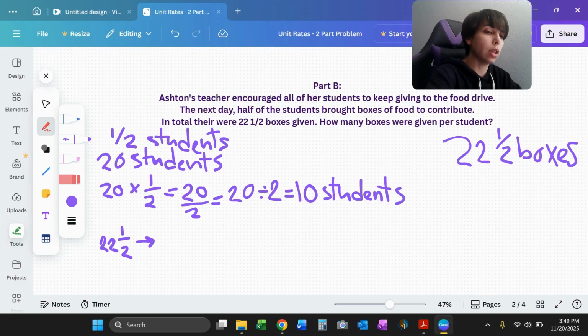The way we do that is we take the denominator, which in this case is 2, and I'm going to use a dot for our multiplication here. We're going to times it by our whole number, which is 22. And then we're going to add our numerator, which is 1. Okay, and we're going to divide that whole thing by our denominator.